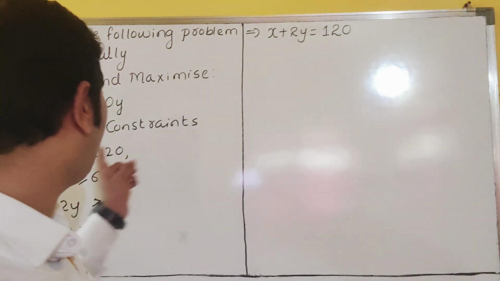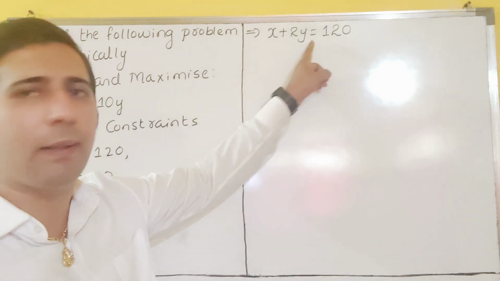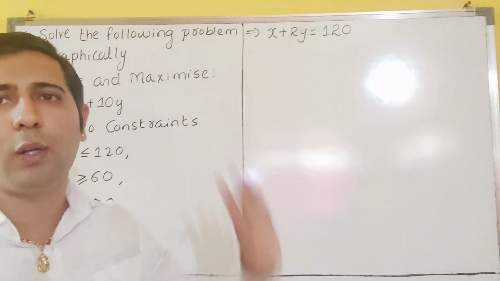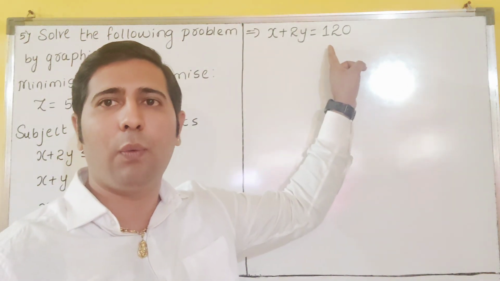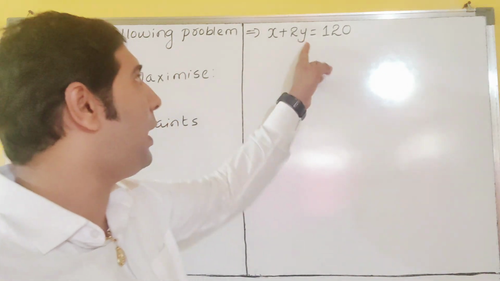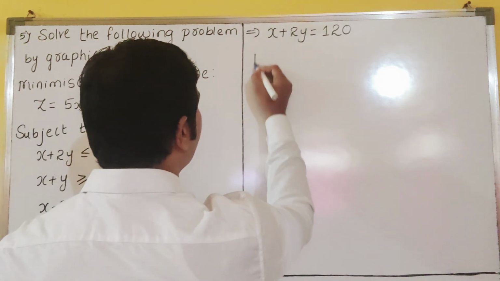Clear? So first you equate this. Equating means you have to make it equal. Here, less than or equal to, we have to make equal for finding the points. First you have to make this equal and then you can find the points, dear students.